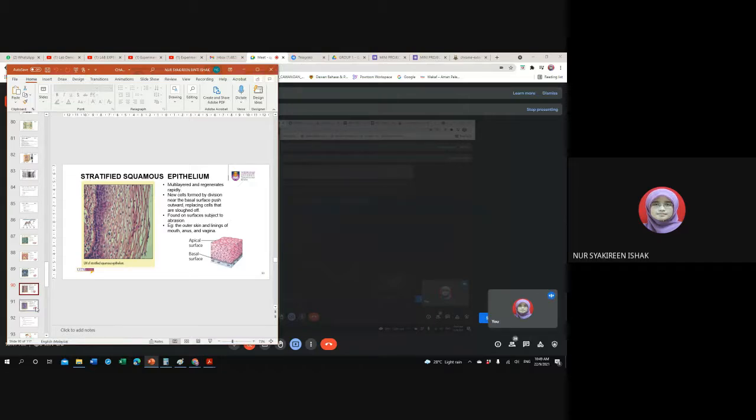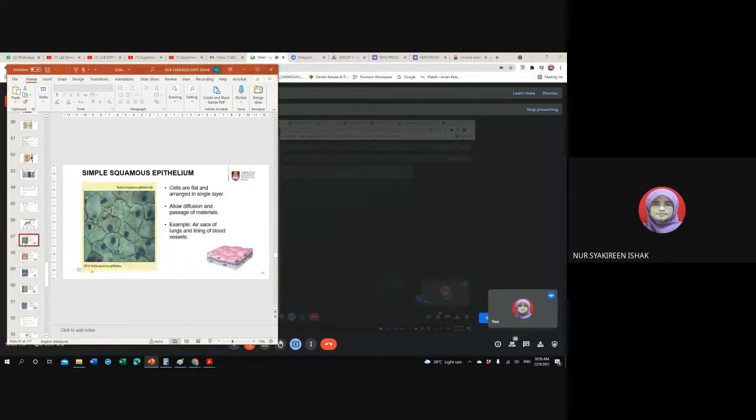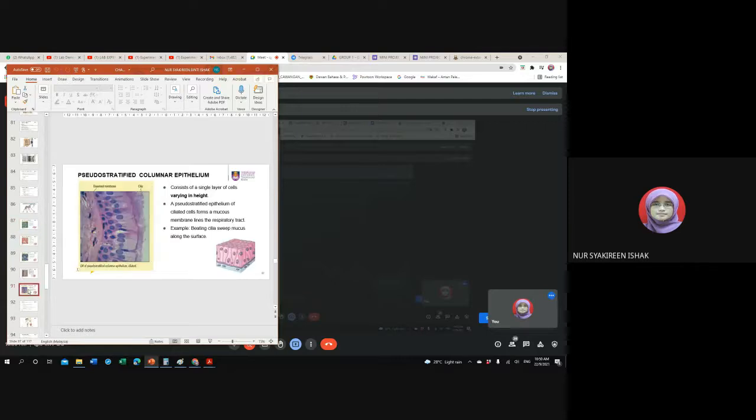Faham? Kalau pseudo stratified, apa yang dimaksudkan dengan pseudo stratified? Pseudo stratified tu it is a single layer but it seems like many layers because the cell is composed of cells with varying heights, with varying cell size. Dia nampak macam banyak layer tapi dia satu layer sahaja. Kalau sudah stratified, nampak? Okay. So consists of a single layer of cell varying in height.